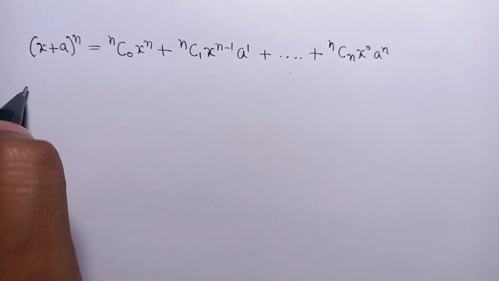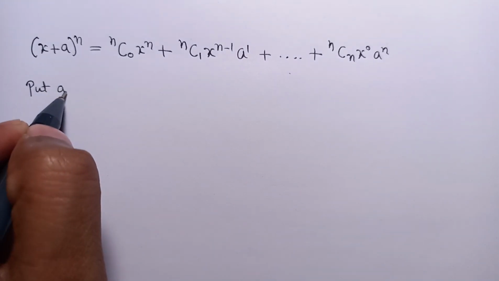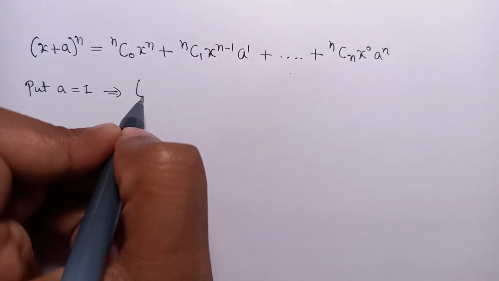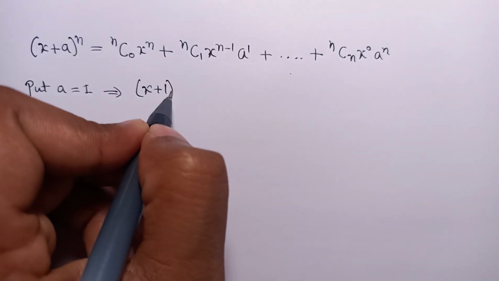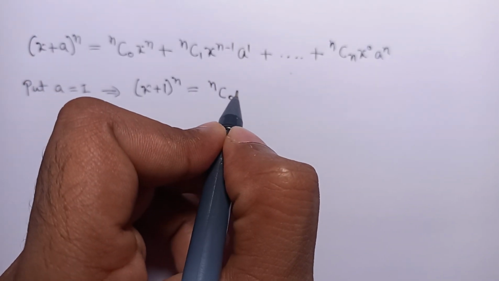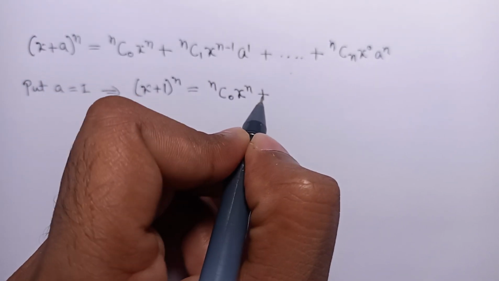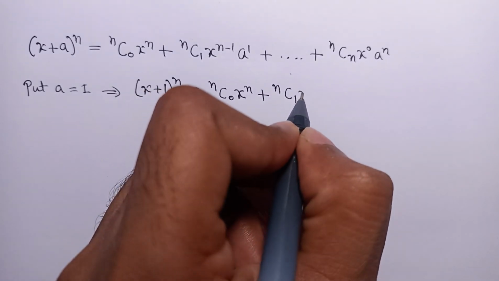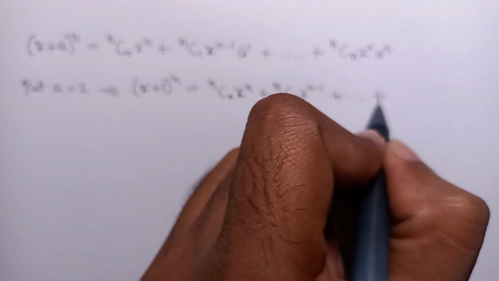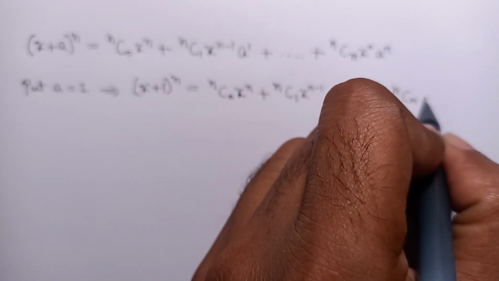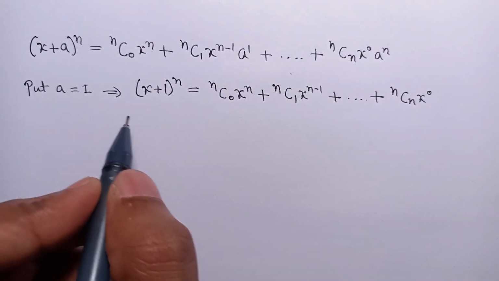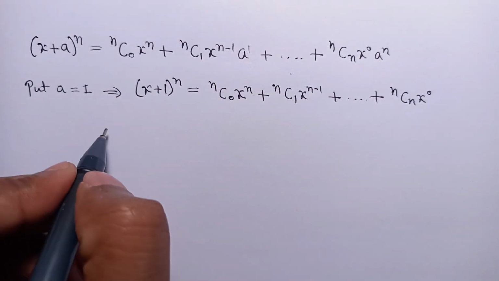Now put a equal to 1. So (x plus 1) whole power n will be equal to nC0 x power n plus nC1 x power (n minus 1) plus dot dot dot up to the last term nCn x power 0, because a is 1 and 1 power anything is 1 only.